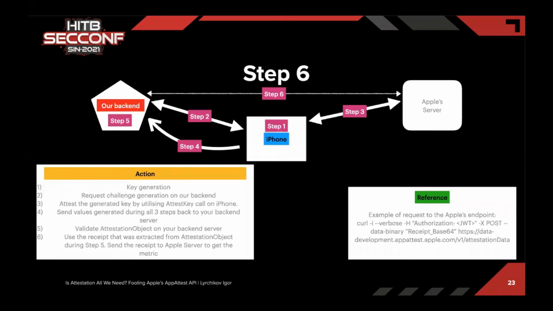Then step number 6 is kind of optional, but you still can use the receipt that was extracted from the attestation object during the previous step and send it to the Apple server to get the metric, as their documentation says. What is the metric, you would ask?